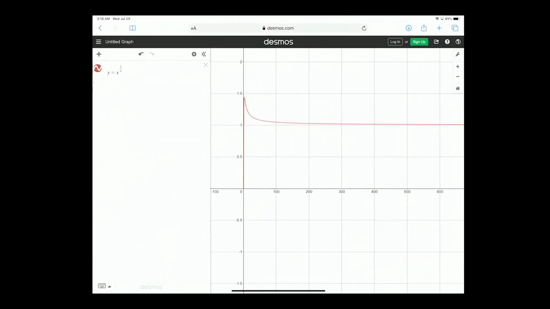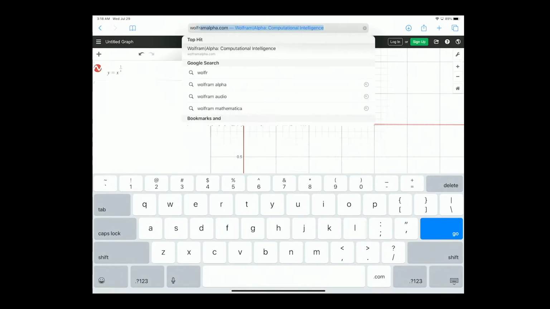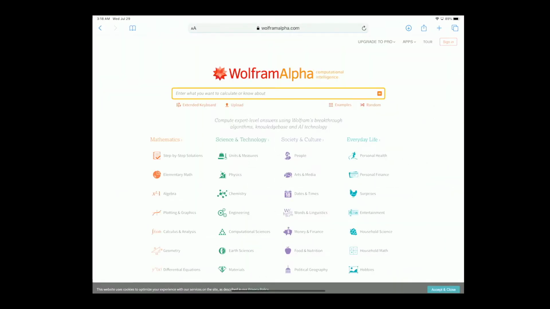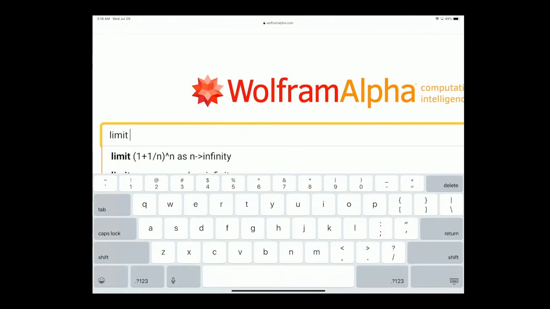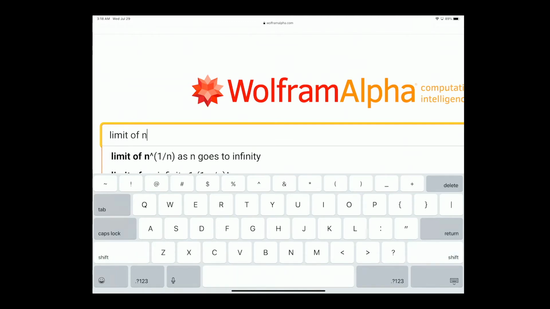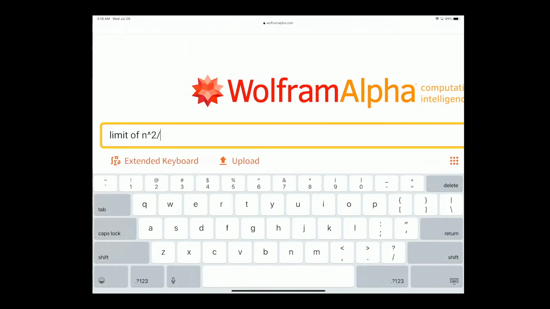So if I go to Wolfram Alpha and type limit of, and I can pick any kind of limit I want here. So if I go n squared over e to the n, as n goes to infinity.